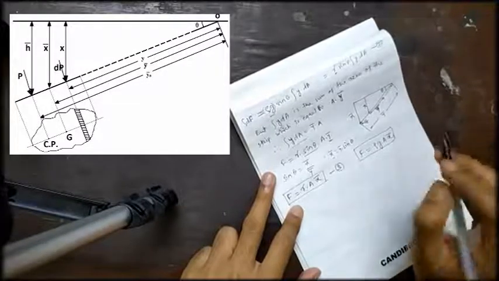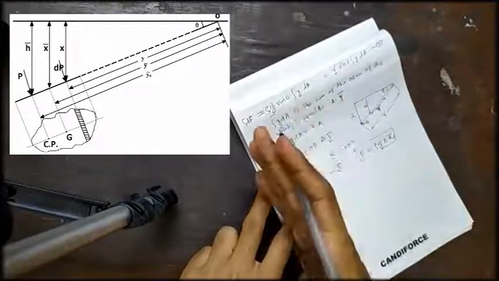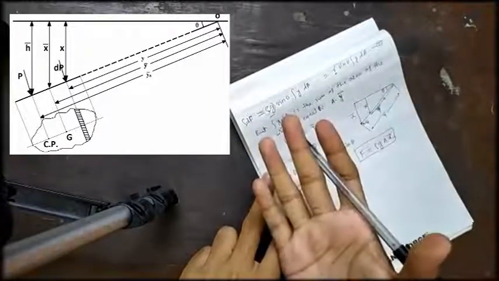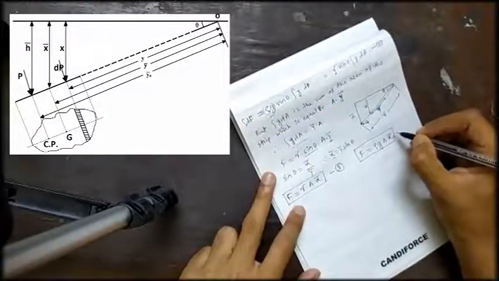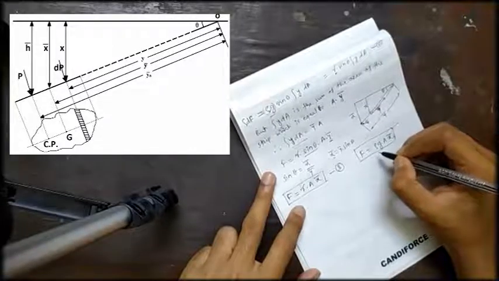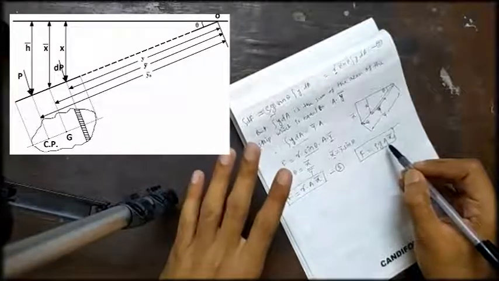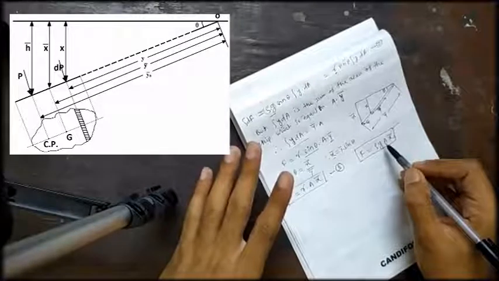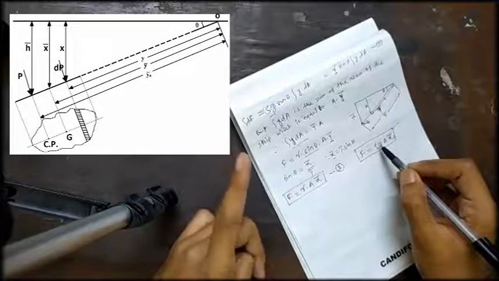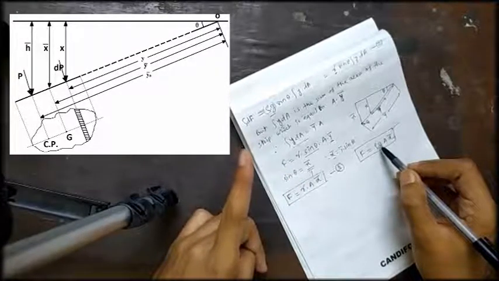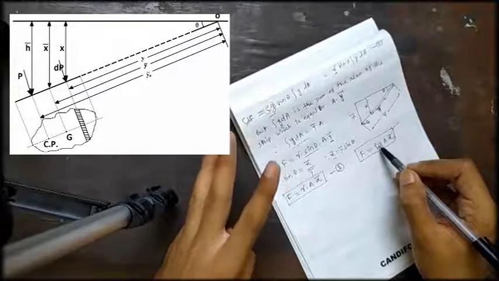So the equation of total pressure force remains unchanged. The plate could be vertical, horizontal, or inclined; there is no change for the total pressure force. It remains the same in every condition. What are the conditions? There are 3 conditions: the first in which the plate is horizontal, the second in which the plate is vertical, and the third in which the plate is inclined at an angle.